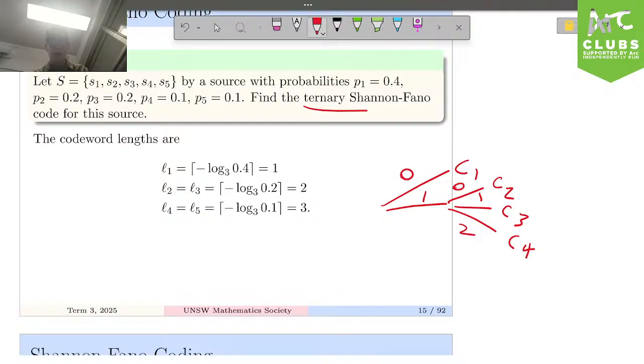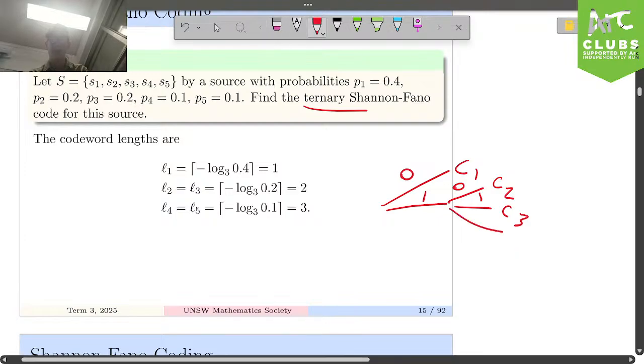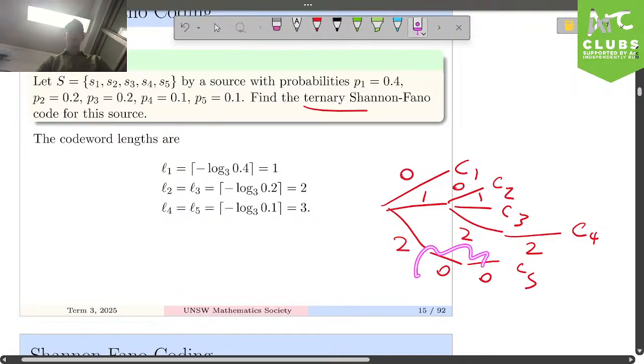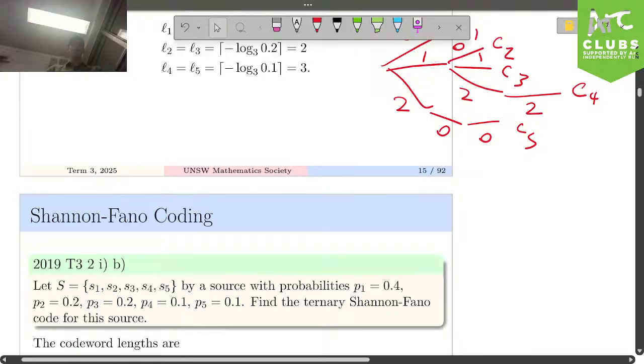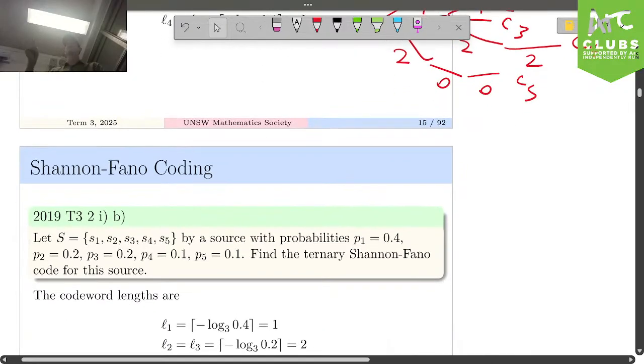We could go C4, and then, oh no, we want the next one to be length 3, length 2, and 2, C4, go 2 here, and since we want the last one to also be of length 3, we can go 0, 0, and go to C5. So a little bit of an inefficient tree because we have open branches here. We could effectively just cut this part off if we wanted to make it a bit more efficient. But in this case, for Shannon-Fano, we'll just cover it with this function.